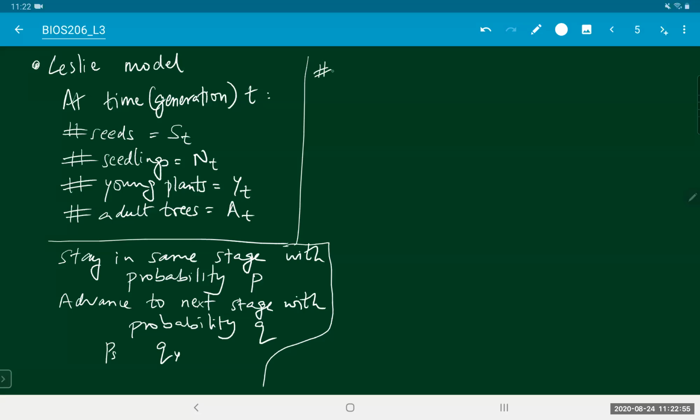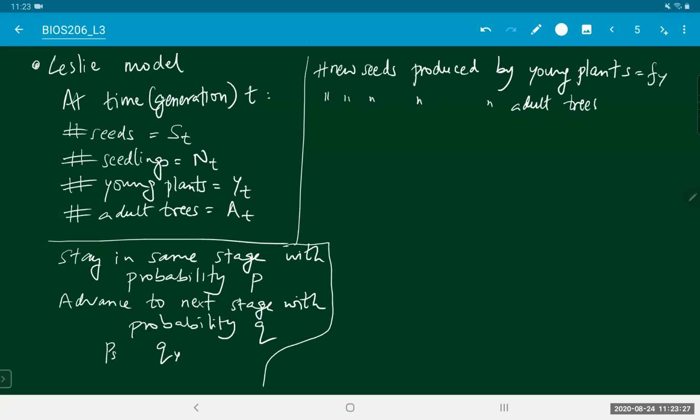So the number of new seeds produced by young plants we call, let's say, F_Y, and the number of new seeds produced by adult trees is F_A.